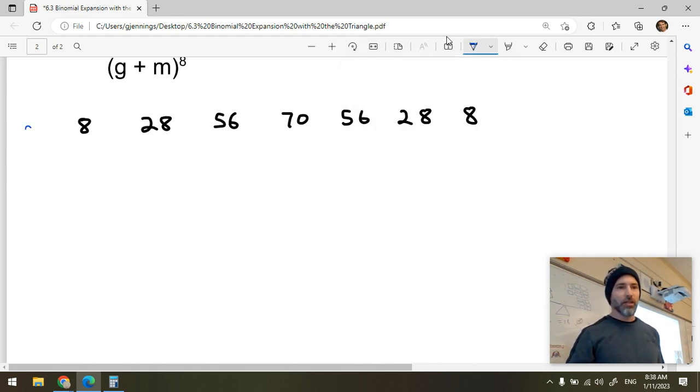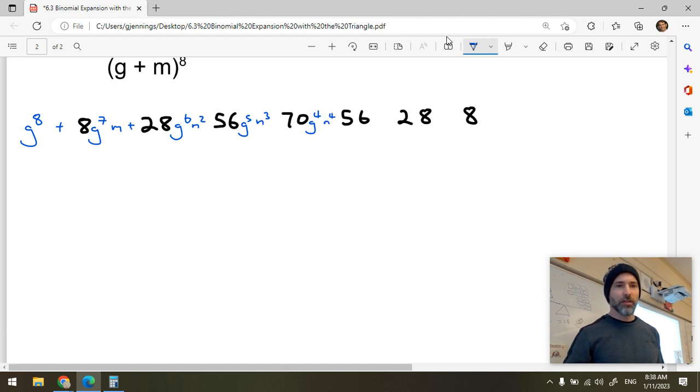This will be 1g^8 plus 8g^7m plus 28g^6m² plus 56g^5m³ plus 70g^4m^4.